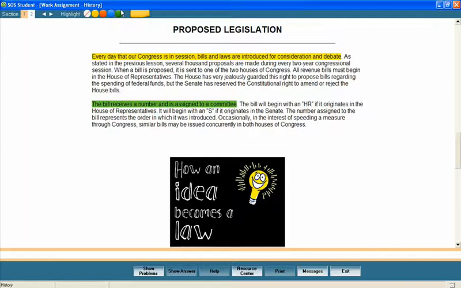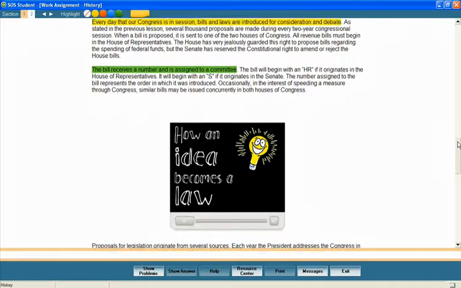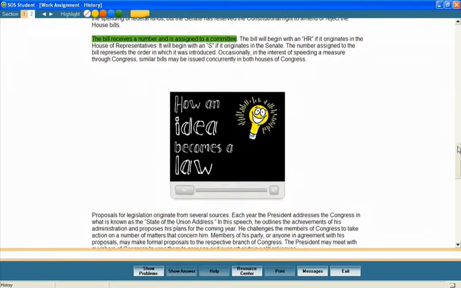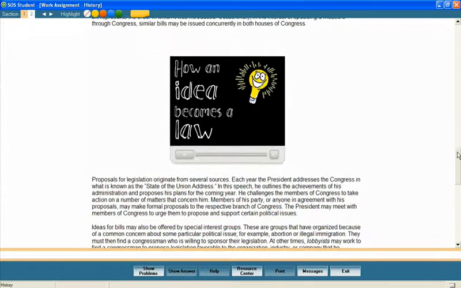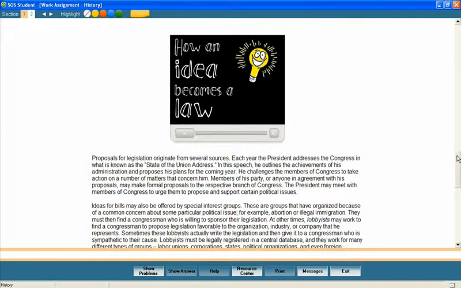AOP's computer-based lessons are filled with colorful photographs, illustrations, and diagrams, as well as a variety of multimedia presentations that are all designed to enhance the text-based instruction and assist students in mastering lesson content. The video included in this lesson provides students with an explanation of how a bill becomes a law.